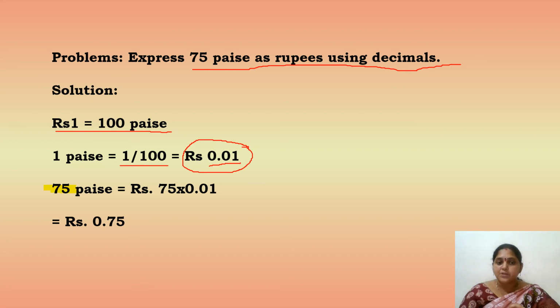This 75 should be multiplied with 0.01. So what will be your answer? Your answer will be 0.75. So to convert paise into rupees, you have to find the value of 1 paisa and then multiply by the given paise so that you can convert that into rupees. That is equal to rupees 0.75.